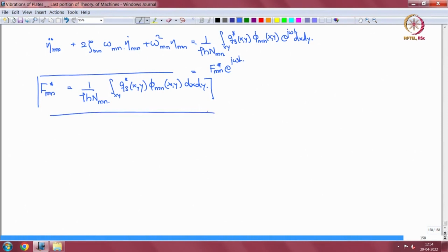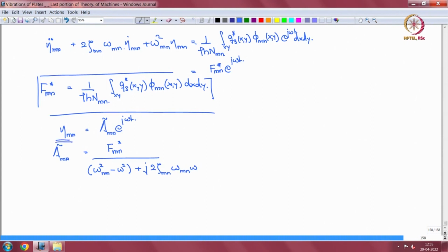Why is that? Because now if I set eta mn to be equal to gamma mn tilde e to the power j omega t, then my gamma mn tilde is equal to f mn star divided by omega square mn minus omega square plus j twice zeta mn omega mn omega.